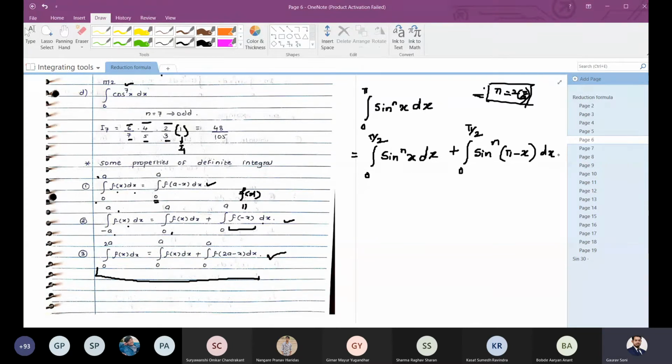Sine theta. Minus sin theta. Sine a cos b minus cos a sine b. Cos pi is minus 1, so it will become sine x, I guess.